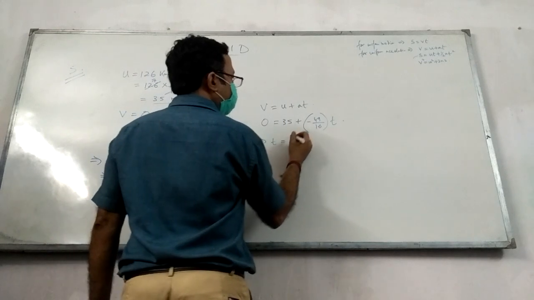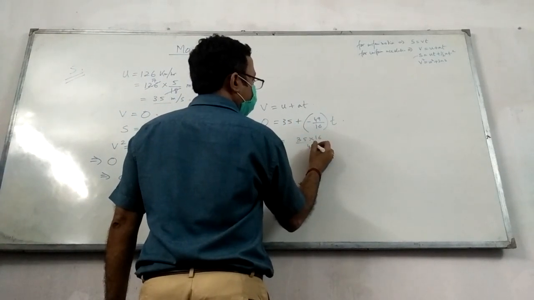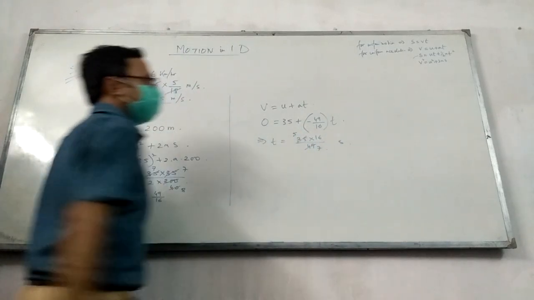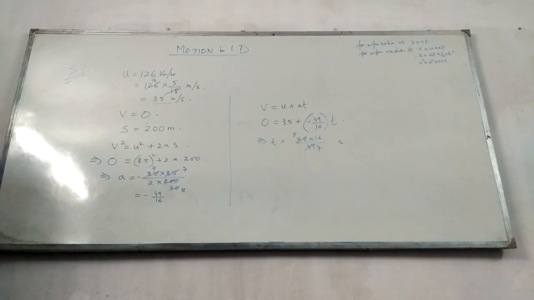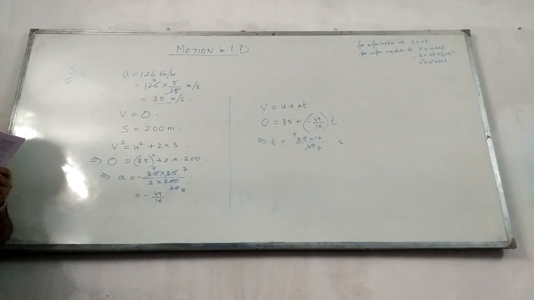So t will come out to be 35 into 16 by 49 seconds, whatever comes out. Alright? So that's it. Then class 9 is slowly being mastered.